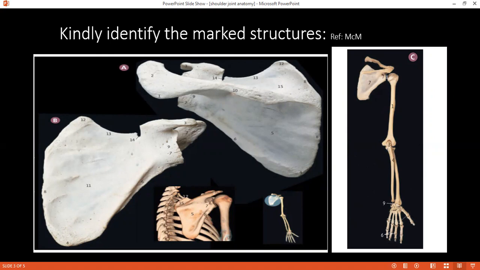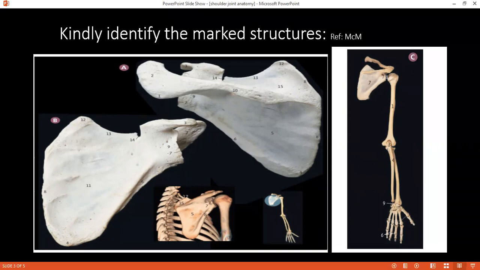Can you please tell me how the shoulder joint is formed? It is formed by the glenoid cavity of the scapula and the head of the humerus. What are the structures which stabilize the shoulder joint? The rotator cuff muscles, which consist of supraspinatus, infraspinatus, teres minor, and subscapularis.